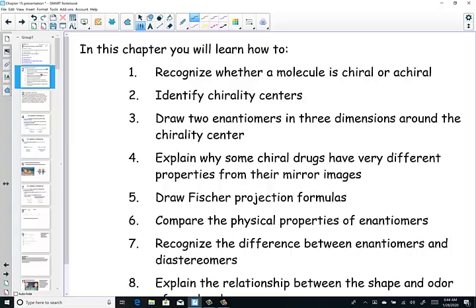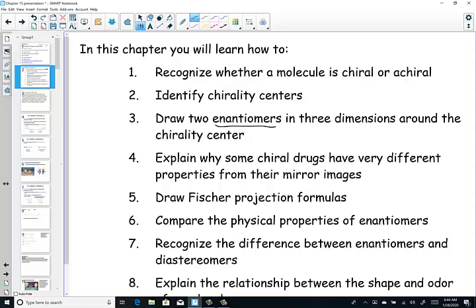We'll draw two enantiomers, and that's going to be a word we hear over and over: enantiomers, a molecule and its mirror image. Those mirror images, to be chiral, will be non-superimposable, and we'll spend time showing what that means. We'll explain why some chiral drugs have very different properties from their mirror images.